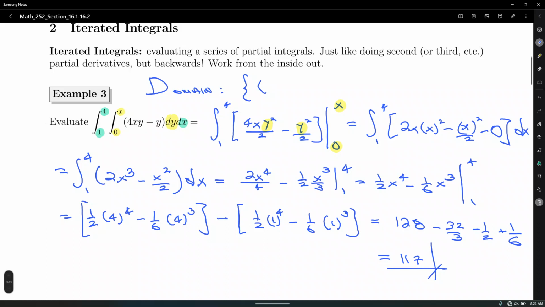So that'll be all the ordered pairs x, y, such that x is varying between 1 and 4, and y is varying between 0 and x.